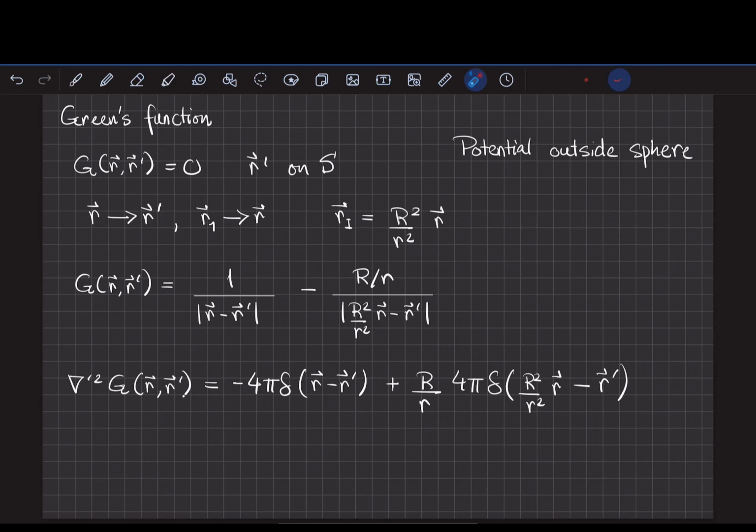Here, as you can see, the derivatives are taken with respect to the primed coordinates. So the r is left unchanged. Hence here we simply treat the r as constant. So this is basically our image charge. If we are trying to find the potential outside the sphere, our image charge is located inside the sphere.